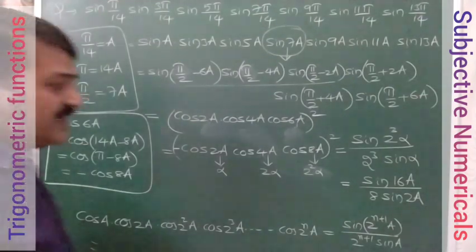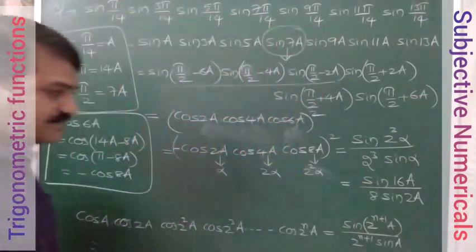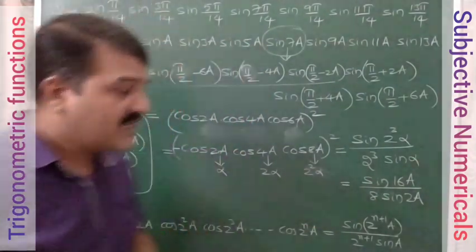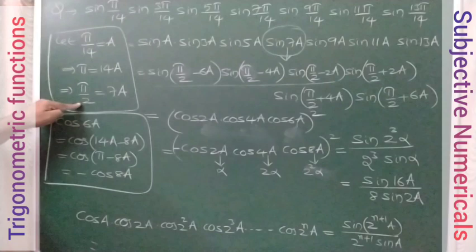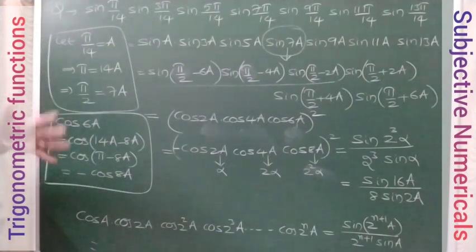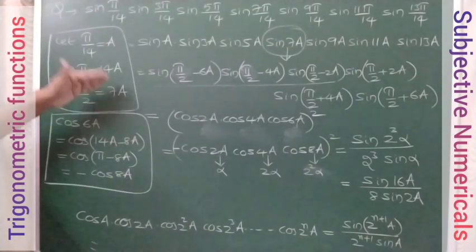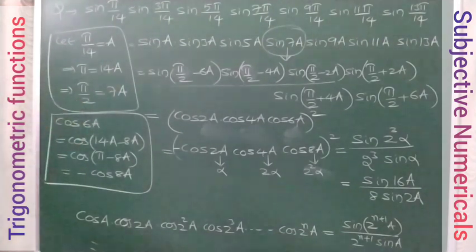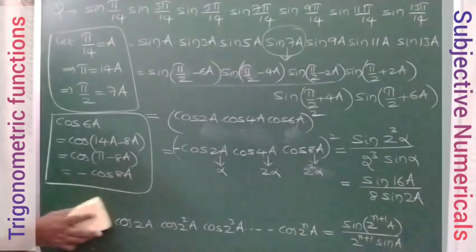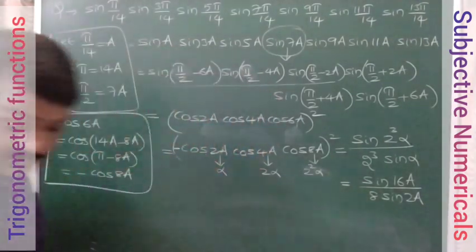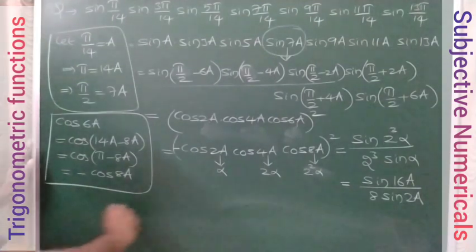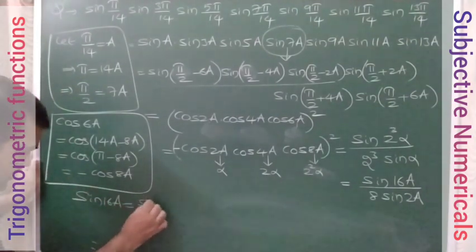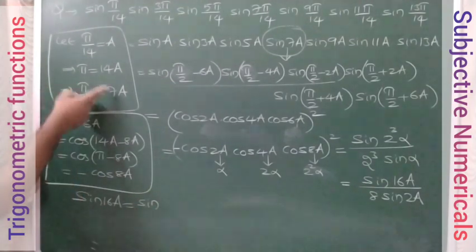Now let us modify this sine 16a. Try to write sine 16a in terms of 2a using these two notations. That is, try to express 16a in terms of either 7a or 14a such that we can use pi or pi by 2. Okay, so let me rub this formula now. Sine 16a, try to express in terms of 14a or 7a.